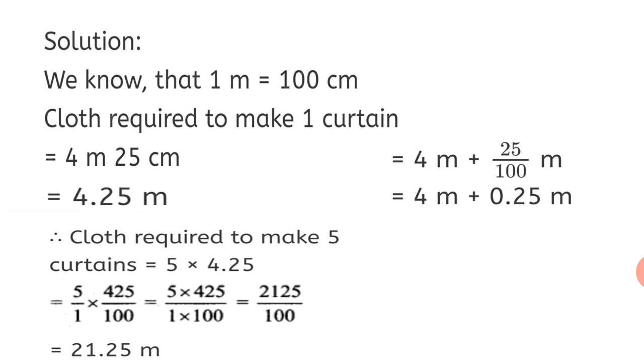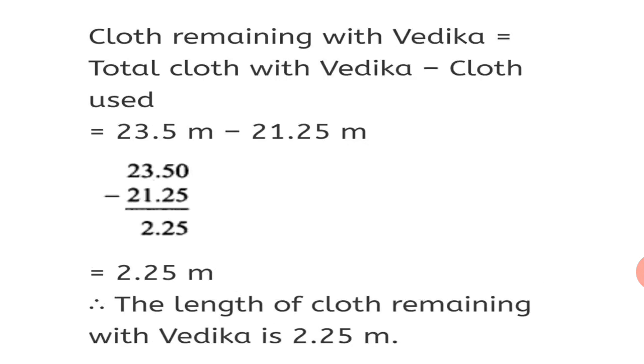And she had a total of how much? 23.5 meter with her. So we subtracted how much she used, and the final answer is the length of the cloth remaining with Vedika, which is 2.25 meter. Okay, a simple sum. If you practice the steps, you will follow it and you will find it very easy.